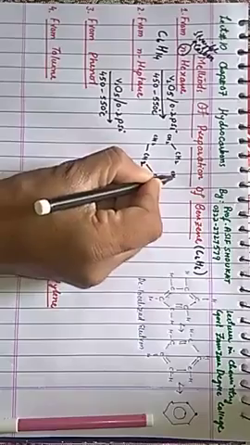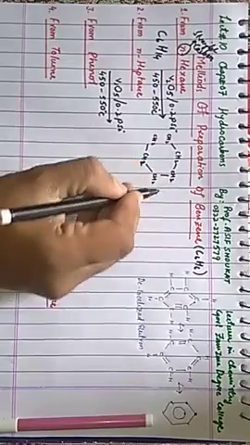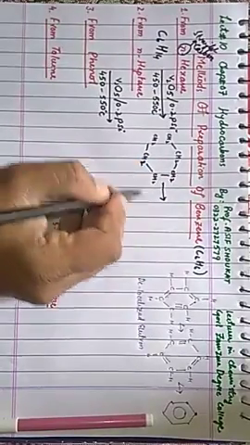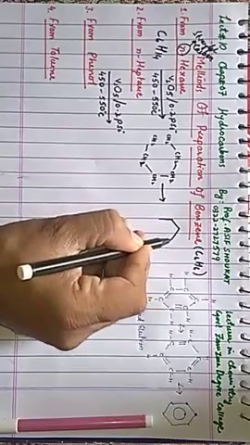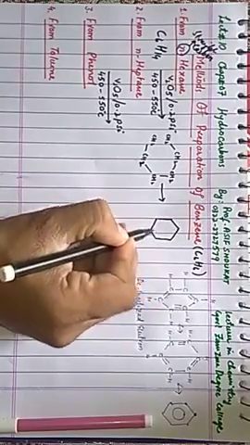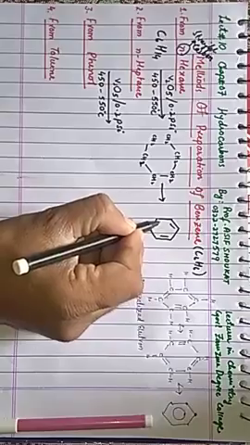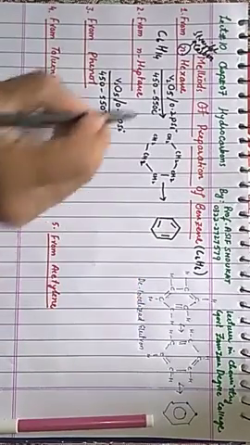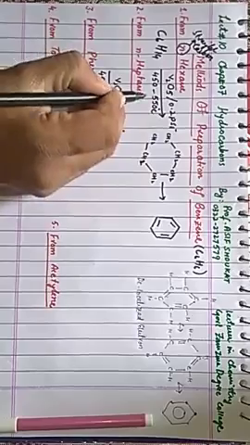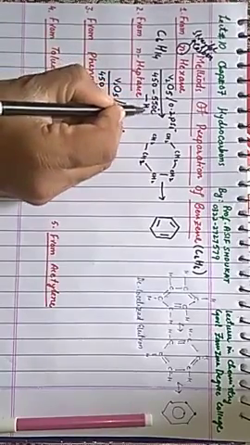CH2, CH2 and CH2. And then in the second stage, each carbon removes one hydrogen from each side. For this formation, removal of one H2 exists.